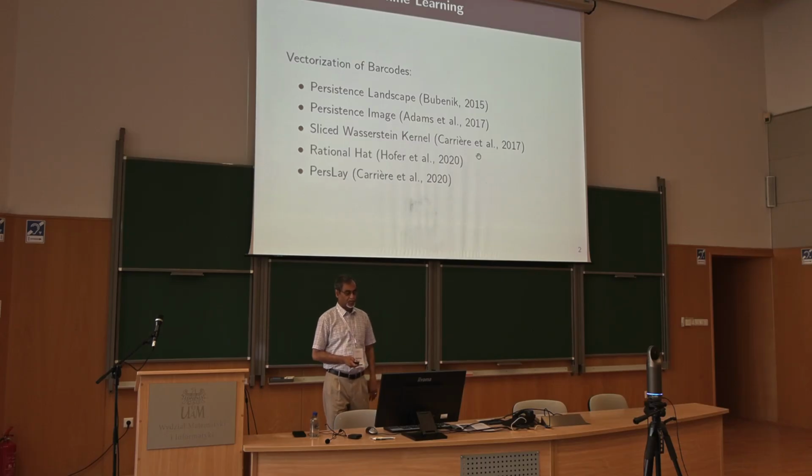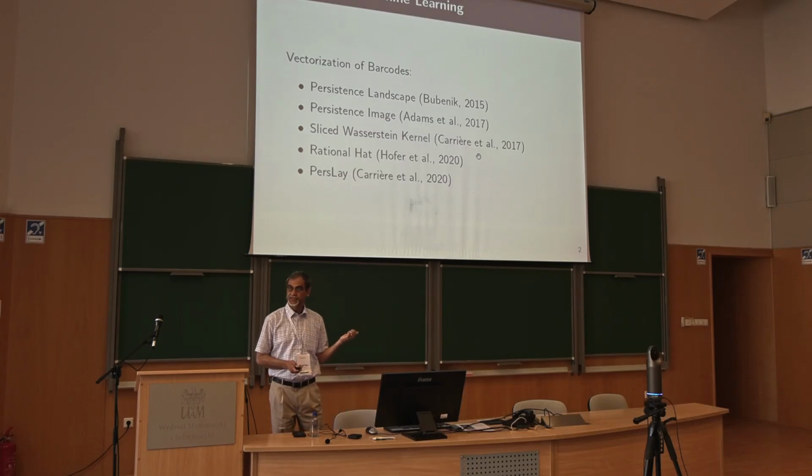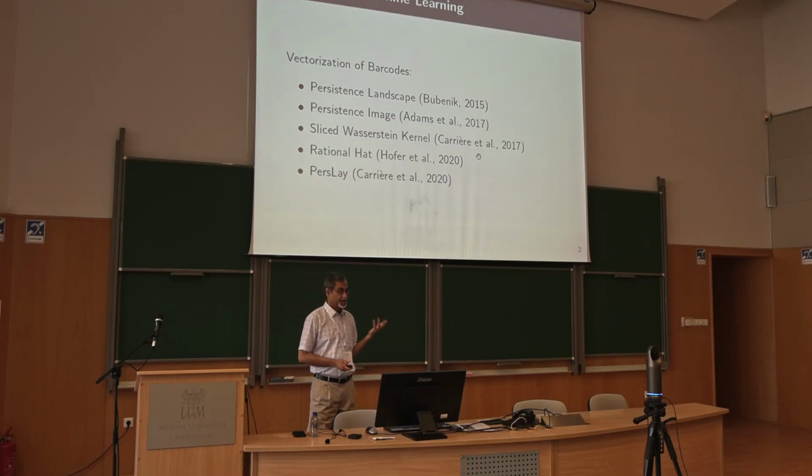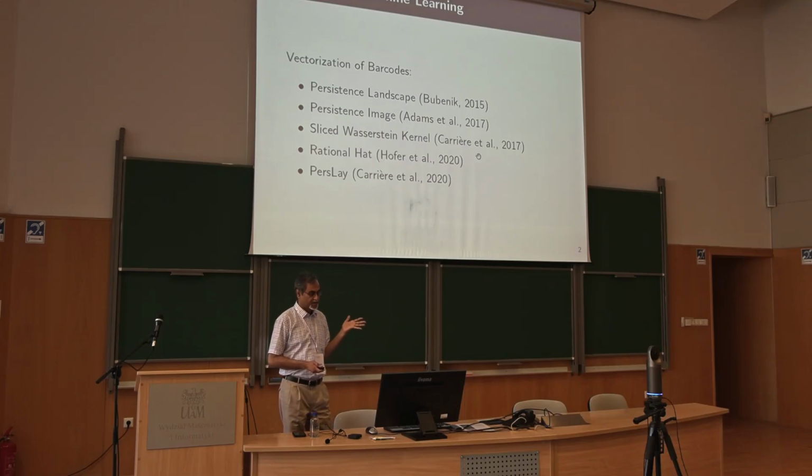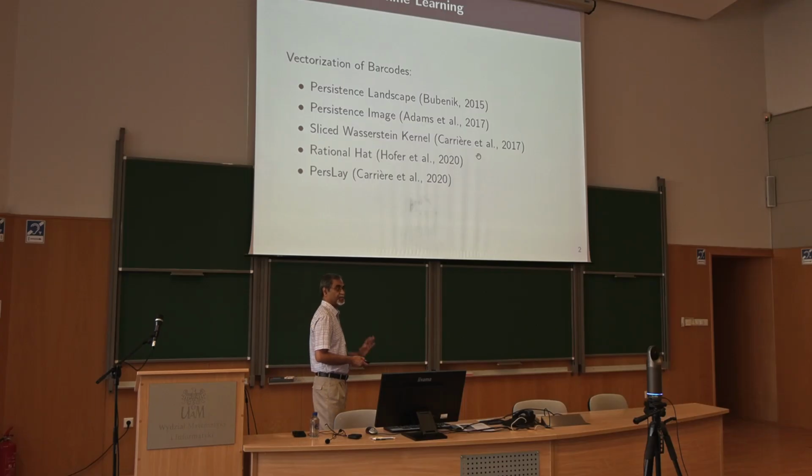One is the persistent landscape, which is very well known now. And then there are persistence image, sliced Wasserstein kernel, rational hat, Pursley, and maybe a few more, so please pardon me if I missed your favorite technique.